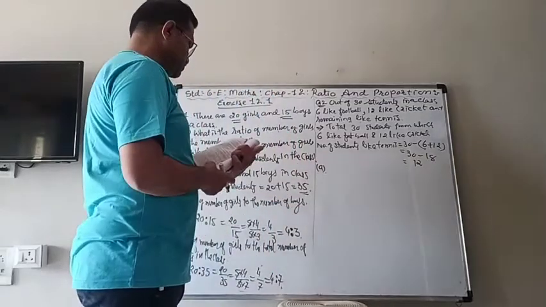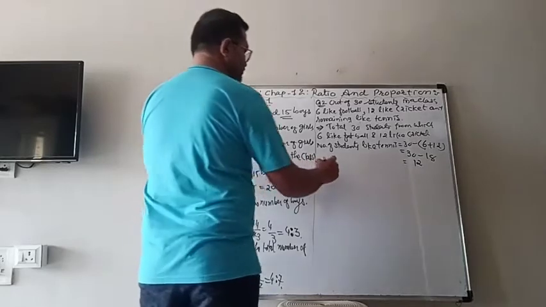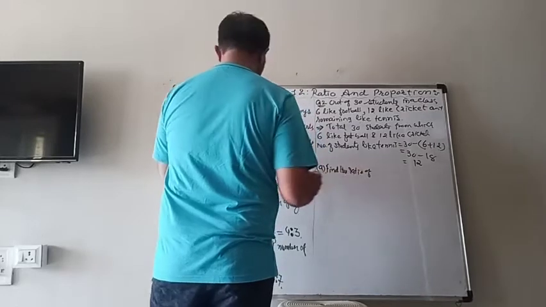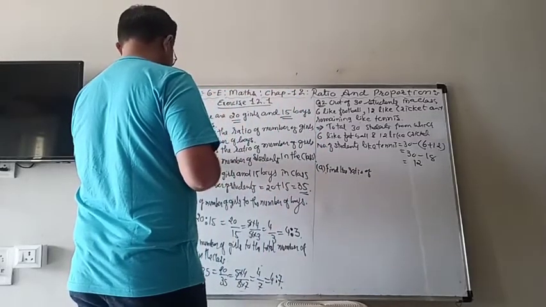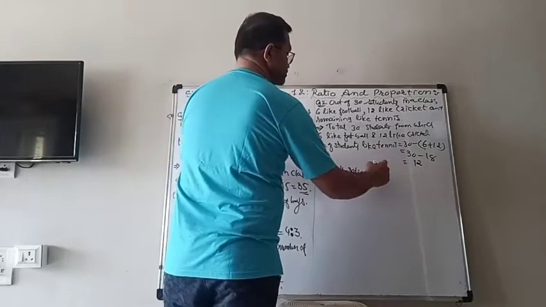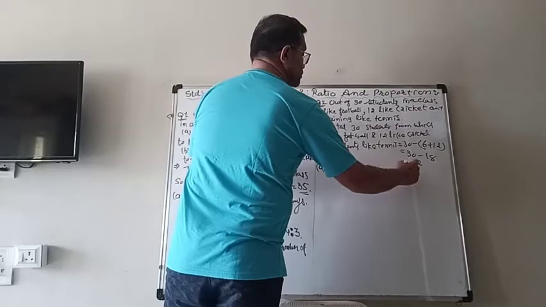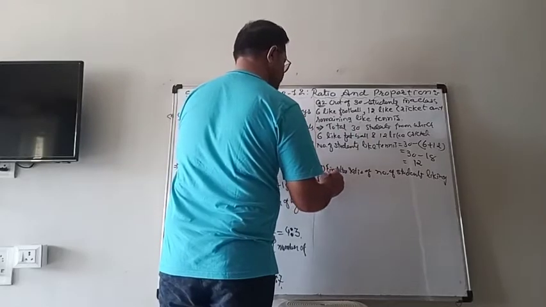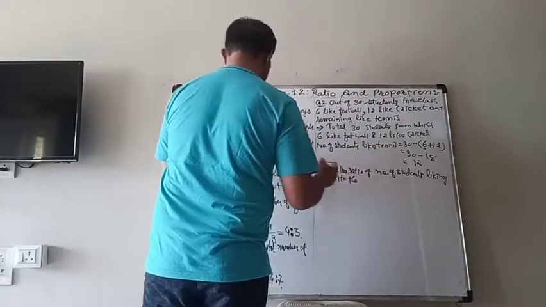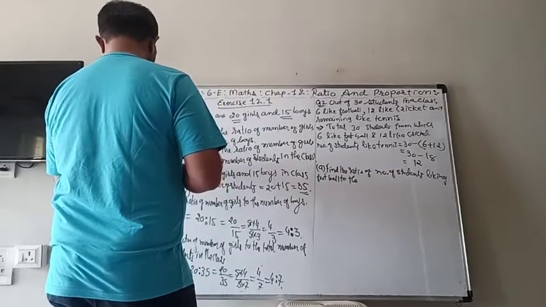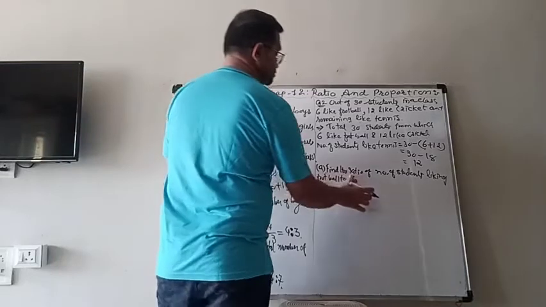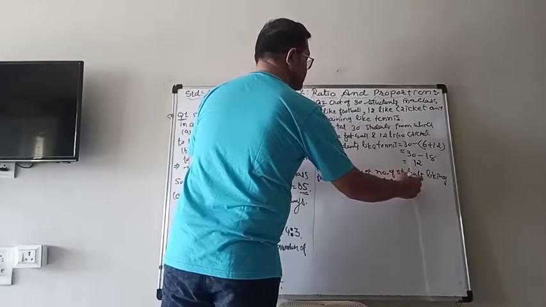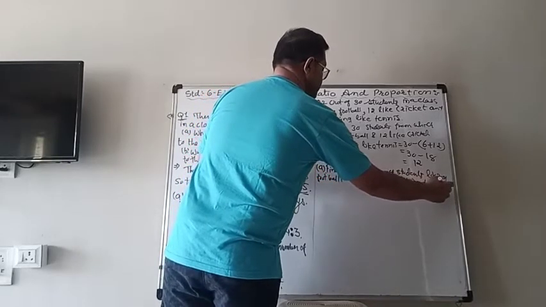Now we will take the first question. Find the ratio of the number of students liking football to the number of students liking tennis.